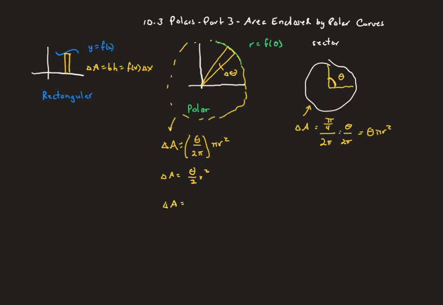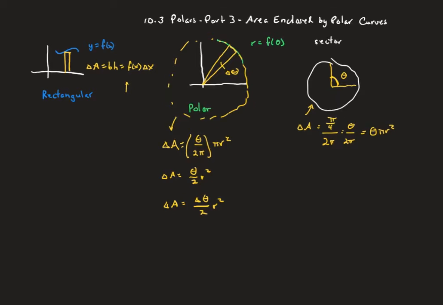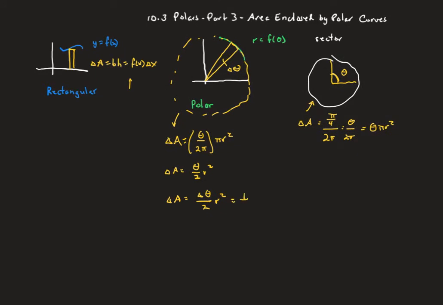Because as we did in the case of rectangulars, we're going to let that delta x go to 0 as we sum those rectangles up to get the area under the curve. We're going to let the delta theta go to 0 as well. So our delta area is going to be delta theta over 2 times r squared, or we will write that as 1/2 r squared delta theta.